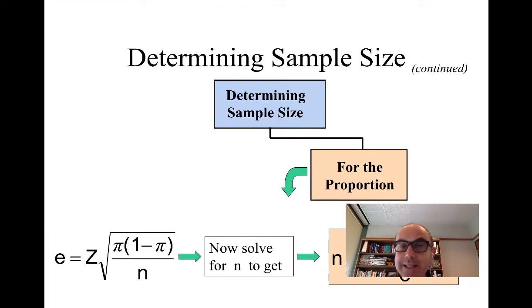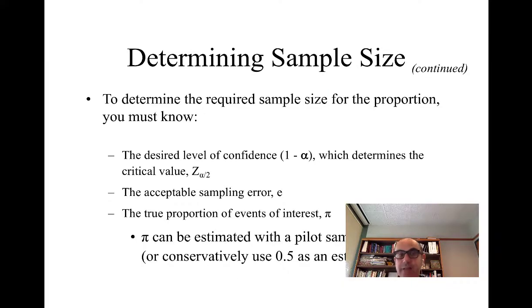So when we are determining the sample size for the proportion, this is the formula that we apply. To determine the required sample size for the proportion, we need to know the desired level of confidence, which determines the critical value of z, the acceptable sampling error, and the true proportion of the event.